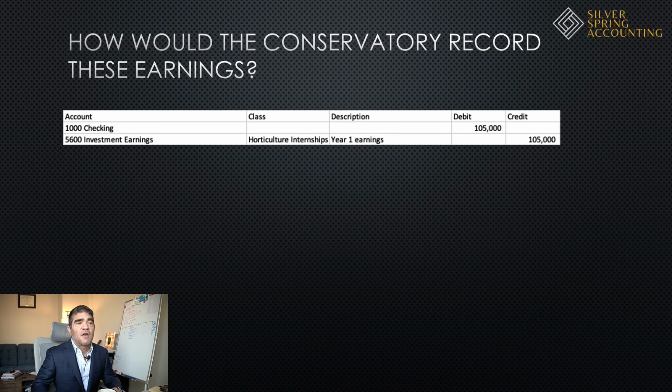It's not necessary, but it's helpful if we're doing quarterly. I'd like to say Q1, Q2, Q3, Q4, maybe even have the year there, Q1 2022. And we are including the class because it makes it easier for us to track.